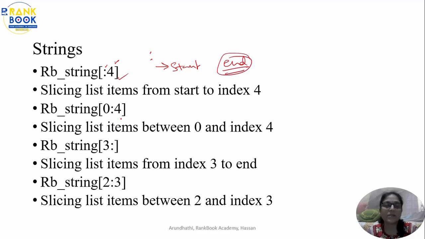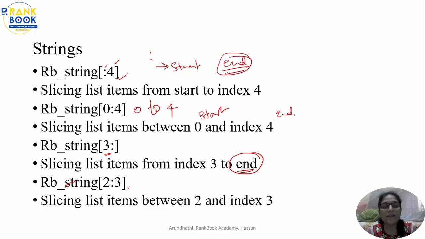Similarly, rb_string[0:4] is from 0 to 4. That means this is the starting point and 4 is the ending point. Similarly, in the next example we can observe 3 colon, that means it starts from 3 and ends at any particular value.